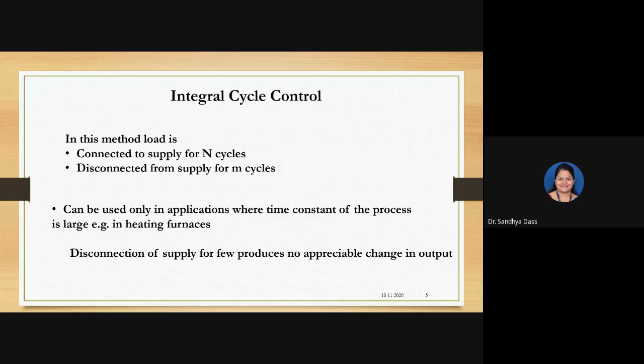Imagine applications where the process time constant is quite high, for example a heating furnace, or speed control of high-speed motors. Just visualize that: you connect the supply for a few cycles and turn it off for a few cycles. If the time constant of the process is large, then that doesn't make any difference, right?